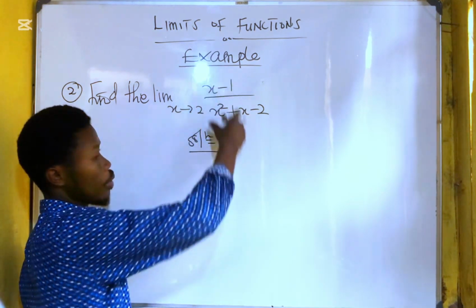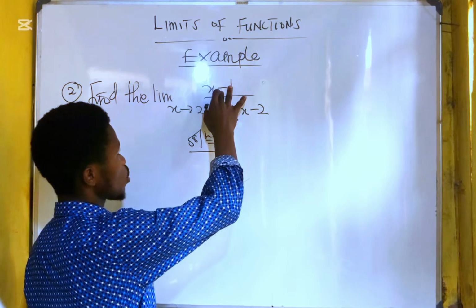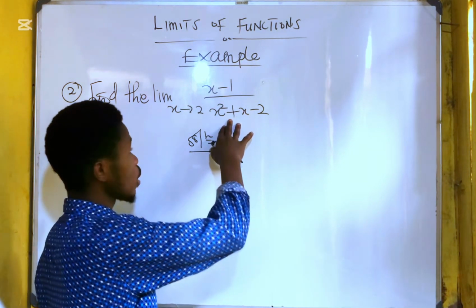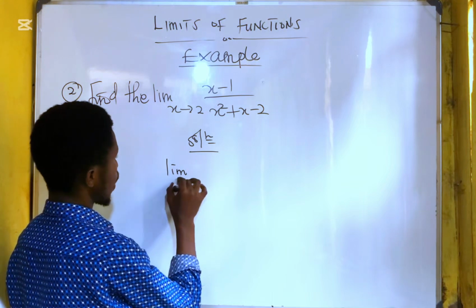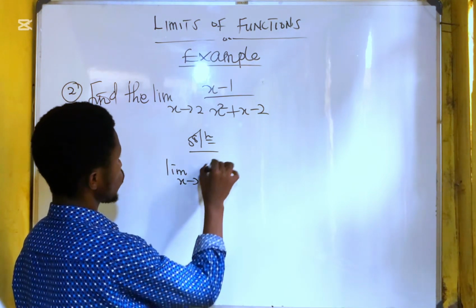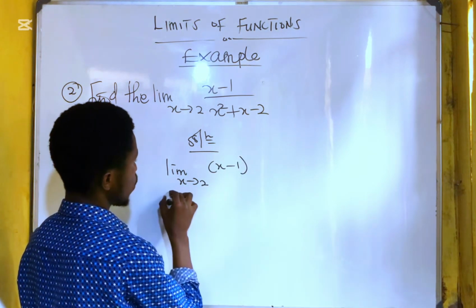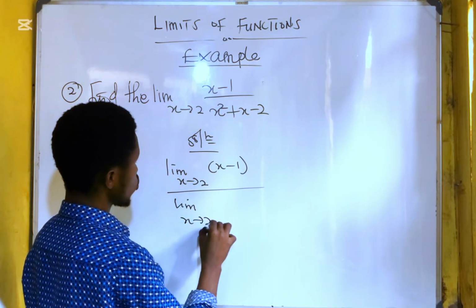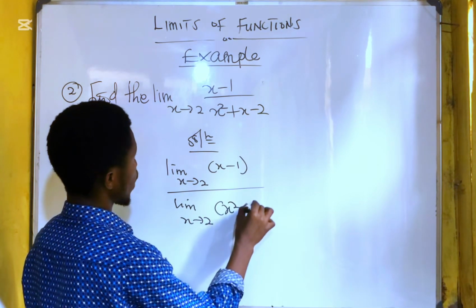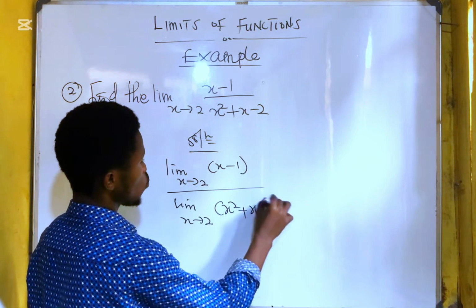So we are saying that when you have a fraction like this, you apply the limit on the numerator, then the limit on the denominator. So you are going to have the limit as x approaches 2 of x minus 1, all divided by the limit as x approaches 2 of x squared plus x minus 2.